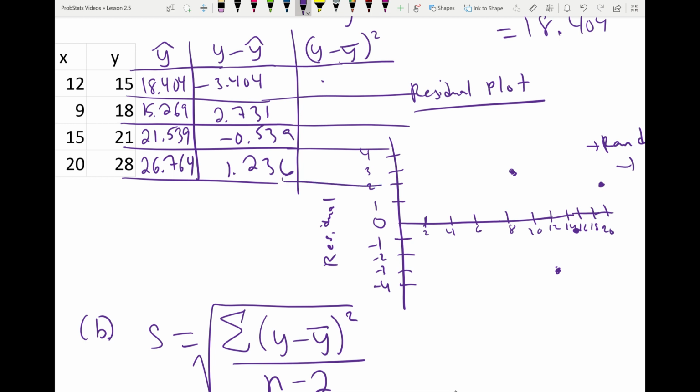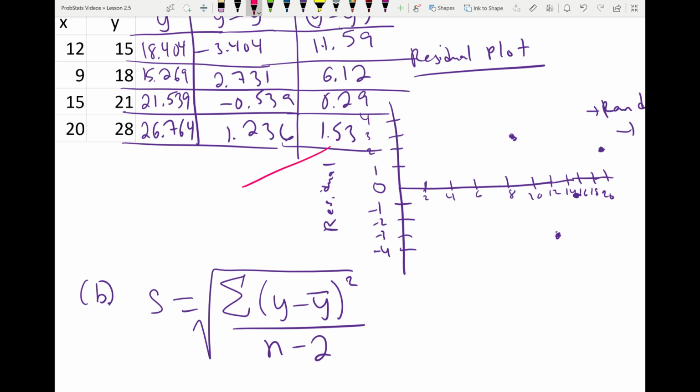All right, so if we square the first number, negative 3.404, we get 11.59. Next one, we square that, 6.12. 0.29, 1.53.